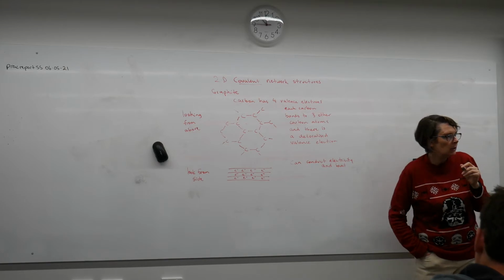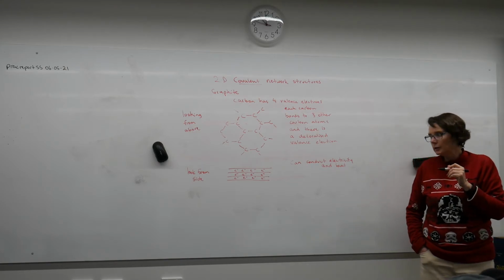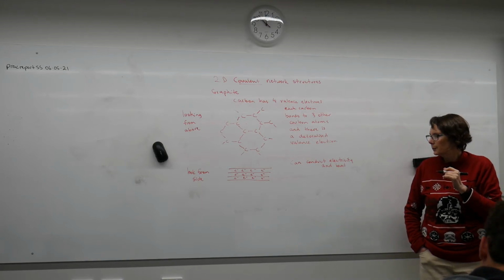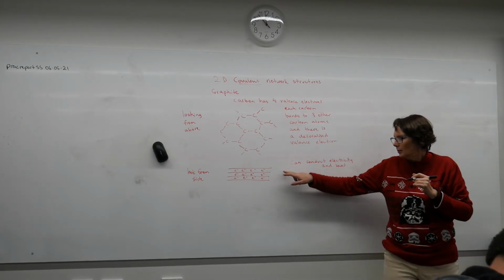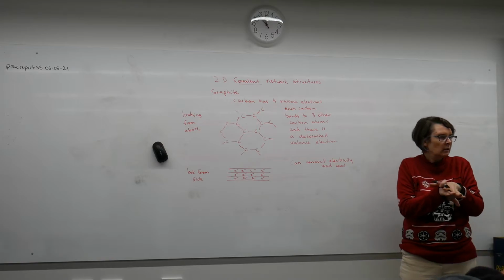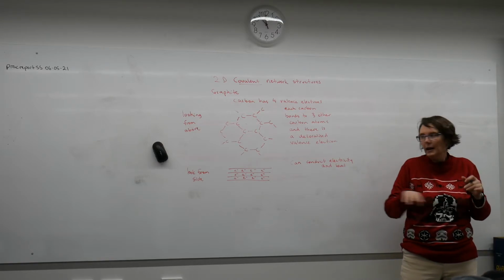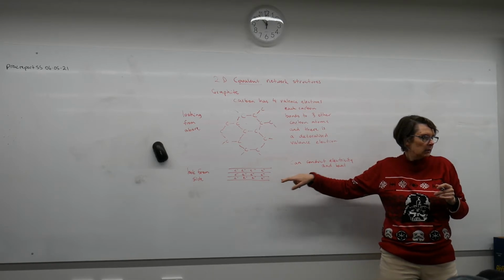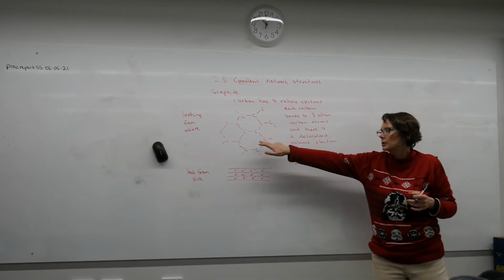Now, these delocalized valence electrons between the layers mean that the layers aren't very firmly bonded to each other. Within the layer, these bonds here are strong.